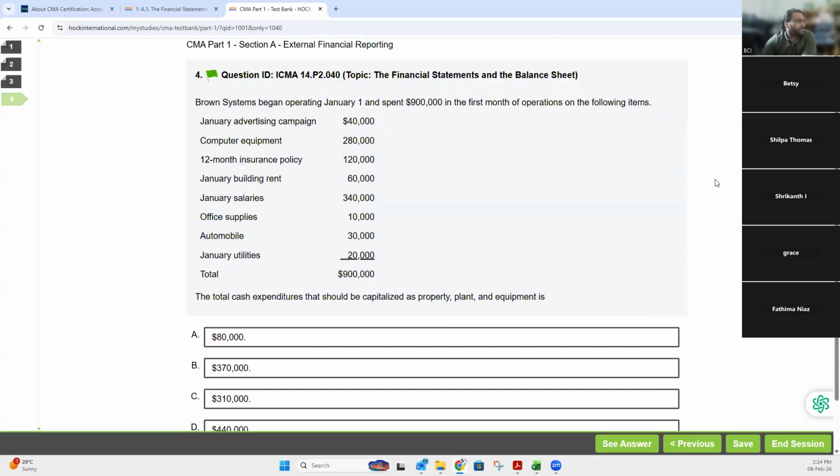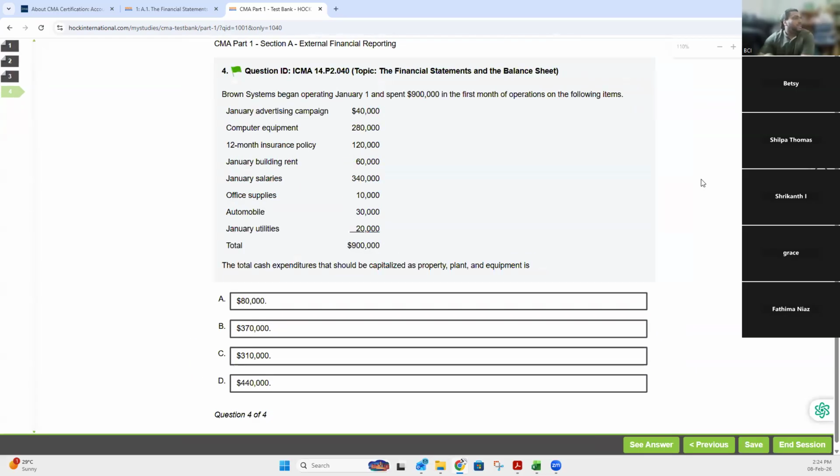Next, I need a calculator. Bond System began operating in January and spends 900,000 in the first month of operations as follows: advertising campaign, computer equipment, insurance policy, building rent 60, salaries, office supplies, automobile 30.